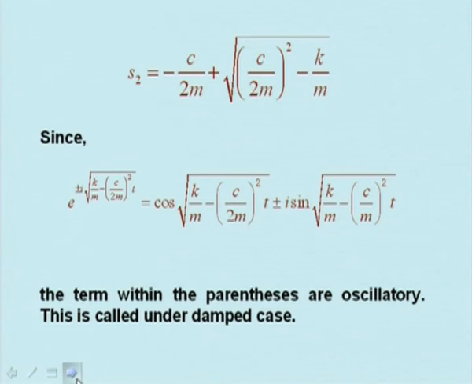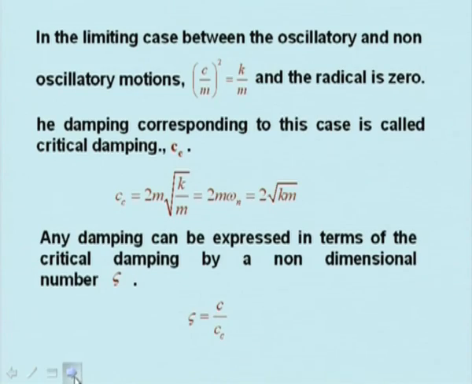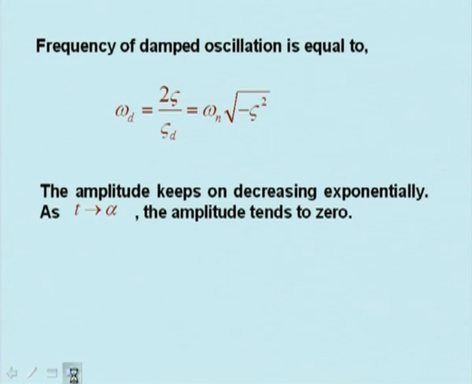Similarly s2 will be equal to minus c by 2m minus under root (c by 2m) square minus k by m. Now you have got two roots of this problem, that means both are solutions.